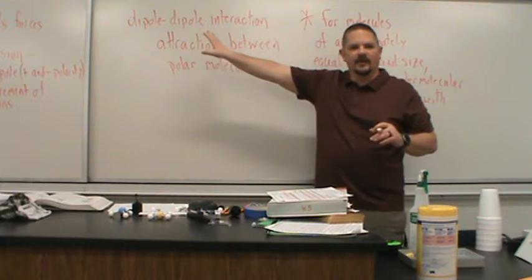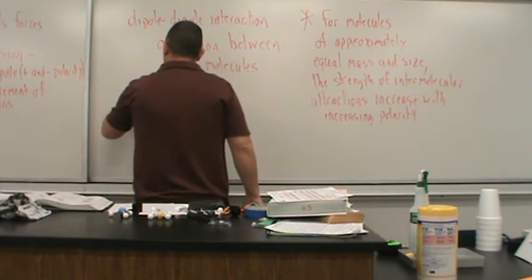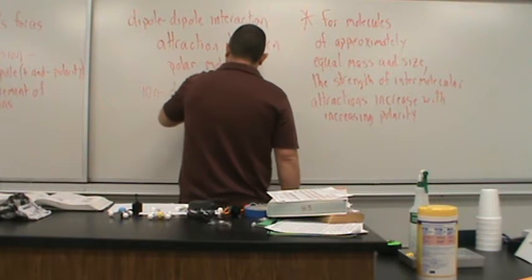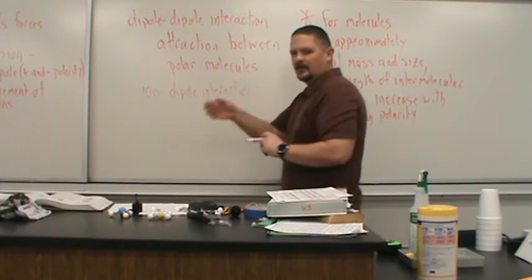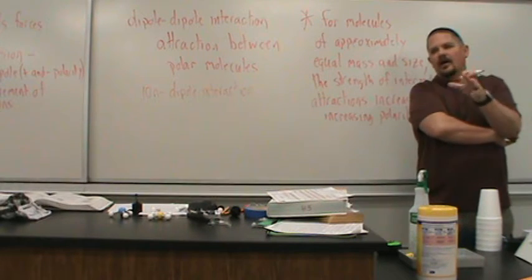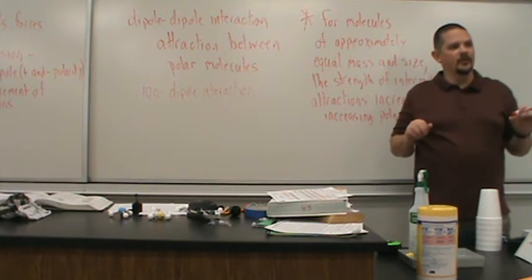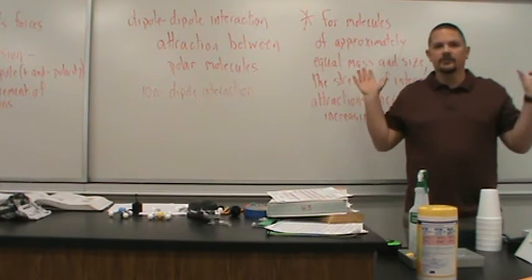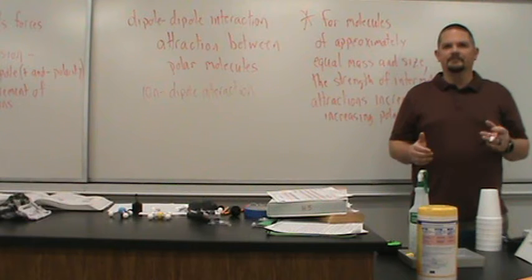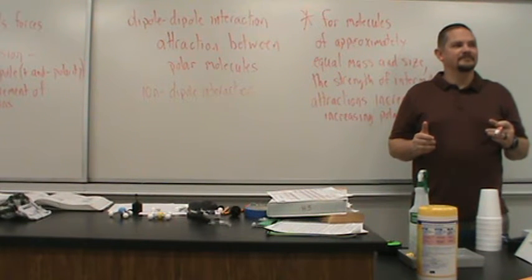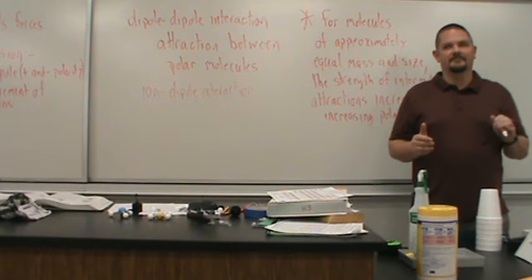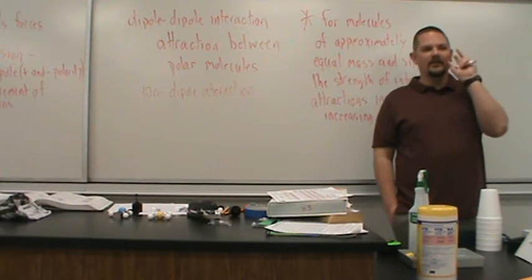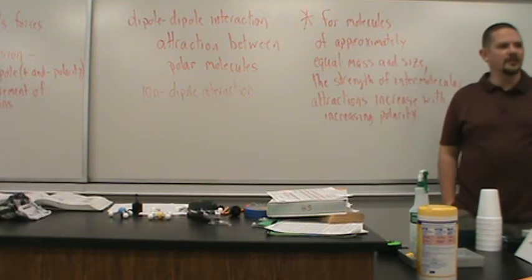Along with dipole-dipole interaction, we can have ion-dipole interaction. With an ion-dipole interaction, we have an ion and a polar molecule interacting. Why would that happen? Why would we have an ion and a dipole interact with one another?